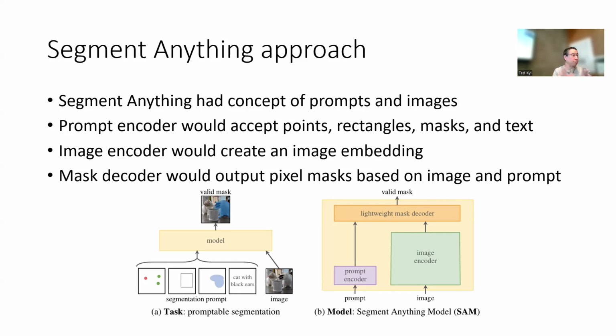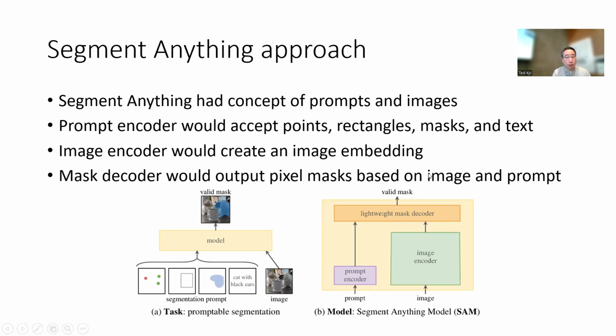So you could say, here's a bunch of pixels, and it's not necessarily the complete object, so just potentially add on to these pixels. And then SAM 1 also had text. I'm not going to talk about that too much. They ended up dropping it. It was fun, but it didn't work super well.